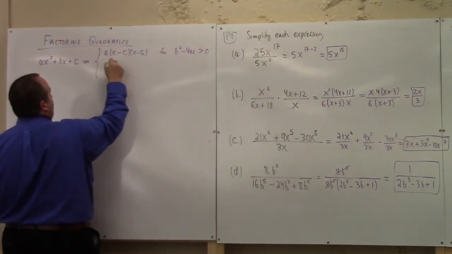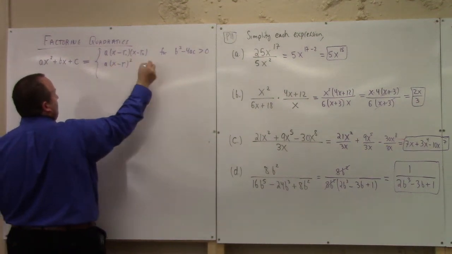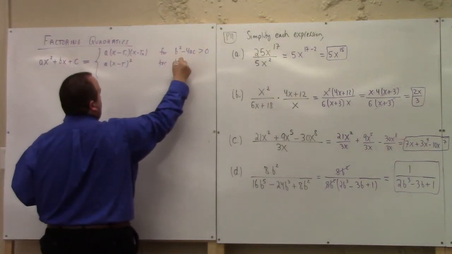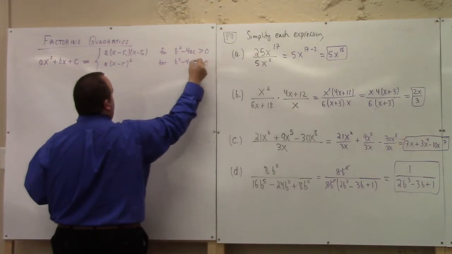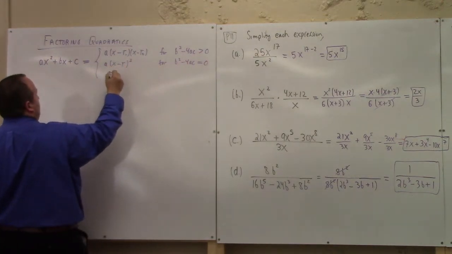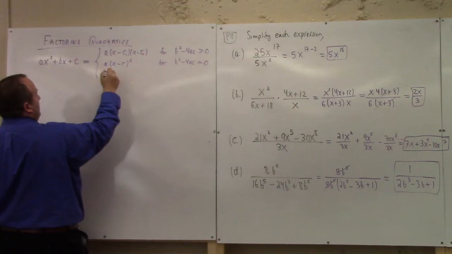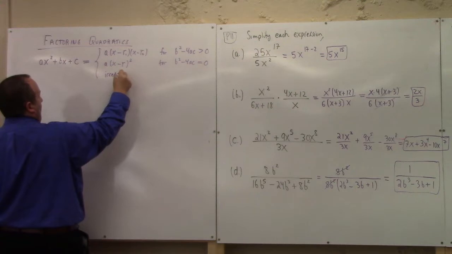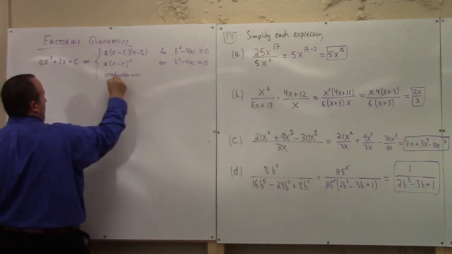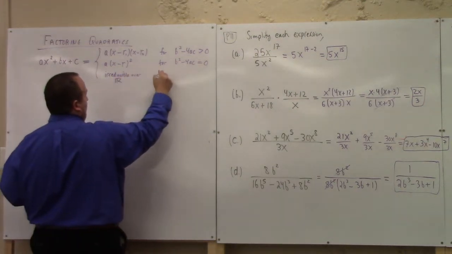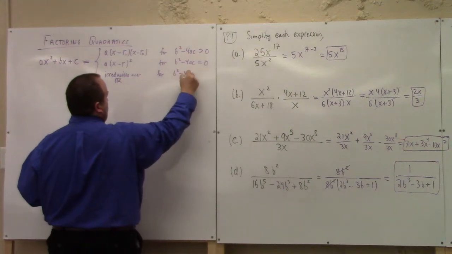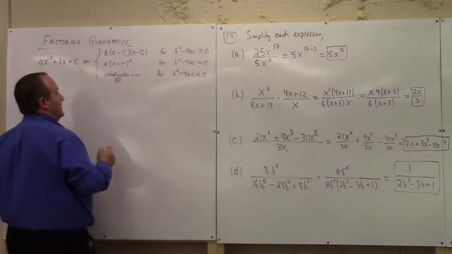It's equal to a times (x minus r) squared for b squared minus 4ac equal to 0. And it's, well, let's just say it's irreducible over the reals for b squared minus 4ac less than 0, right?